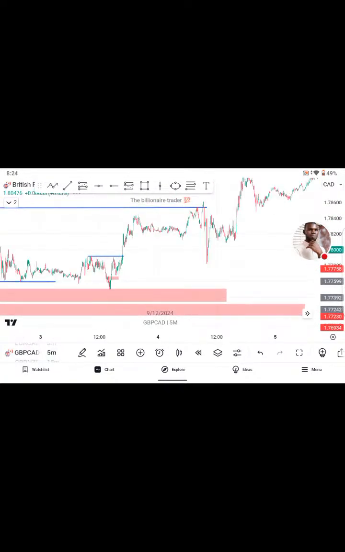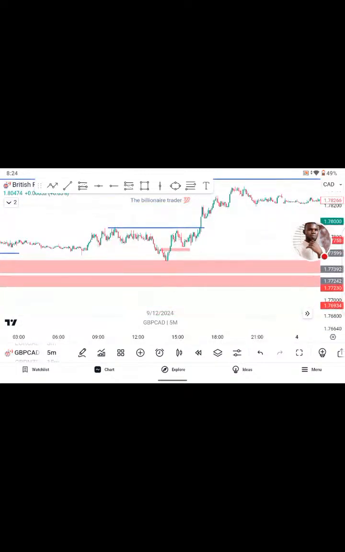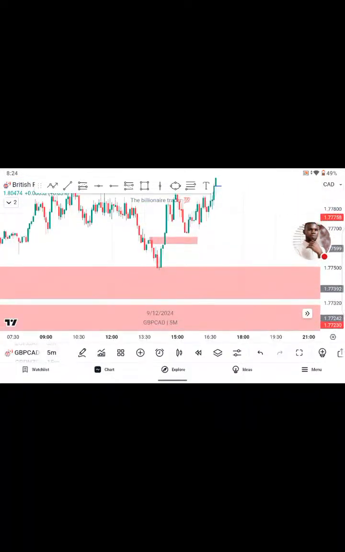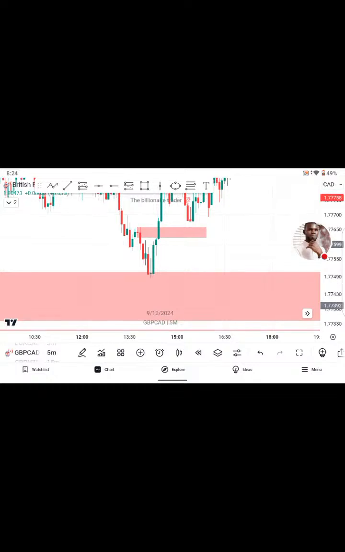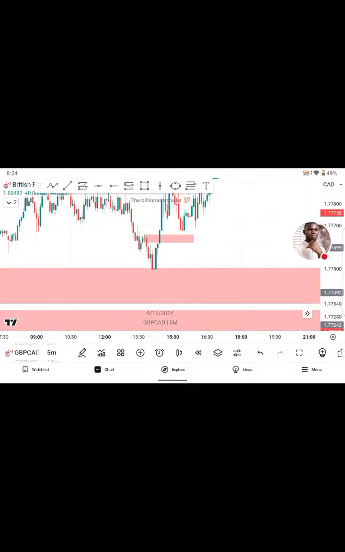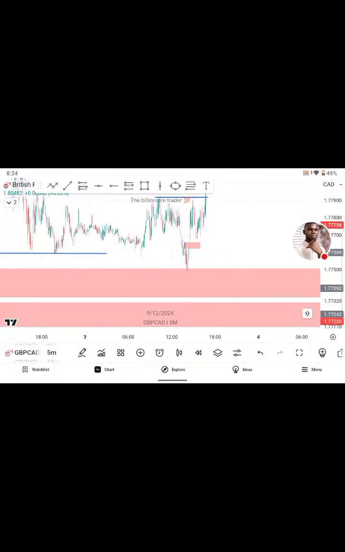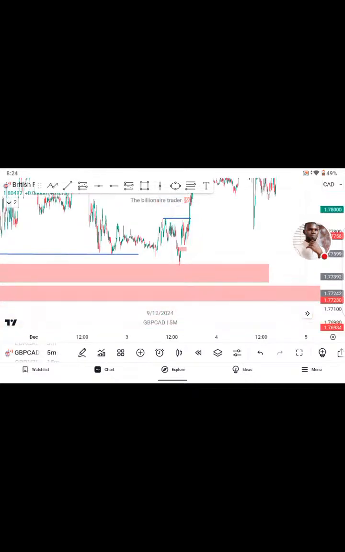I was expecting price coming back to this breaker block, but price did not get there before going higher and higher. So it did not give me an entry. That's why I couldn't pick this trade.